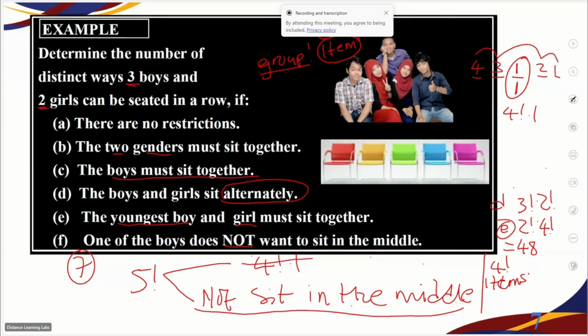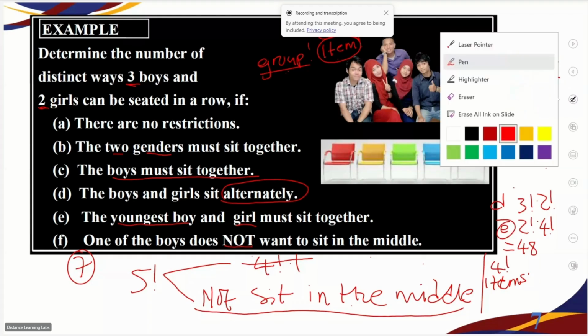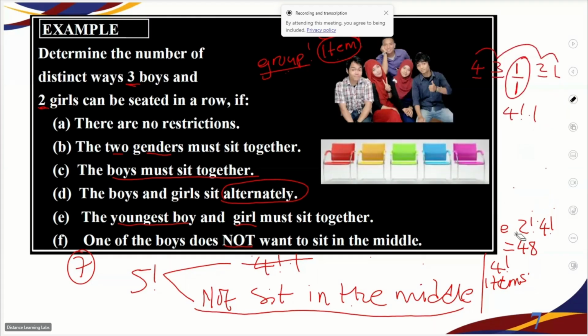On those total number of ways, we would be left with where the boy does not sit in the middle. Meaning our response for letter E, where a boy refuses to sit in the middle, would be 5 factorial.